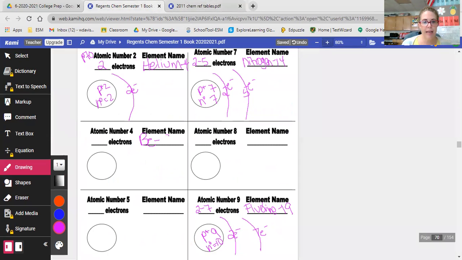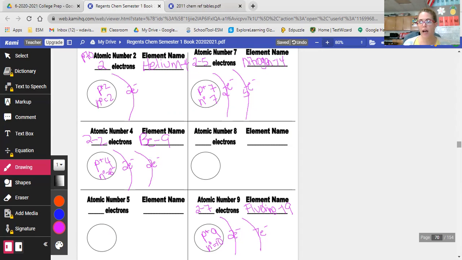So that means there are 4 protons that are positive in the nucleus. 9 minus 4, so my neutrons are equal to 5. At energy level 1, I have 2 electrons, and at energy level 2, I have 2 electrons. All right, so hopefully this makes perfect sense.